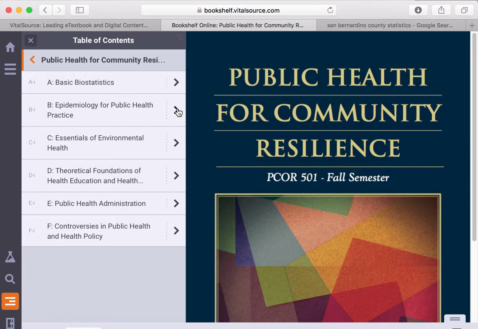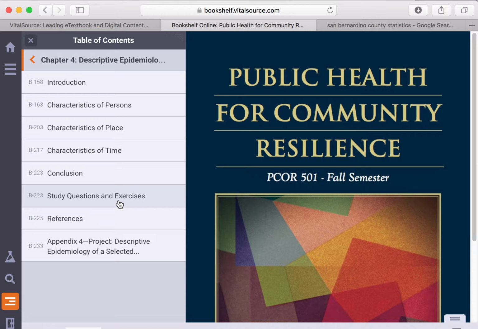There are the SQEs, or the study questions and exercises, that you have a learning guide. It prompts you to do a few of those exercises. There are also references.